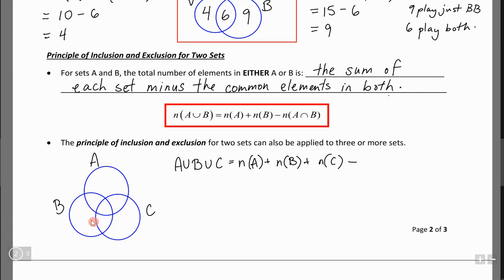This part here is the intersection of B and C, and then don't forget you could end up again double counting the intersection of A, B, and C.